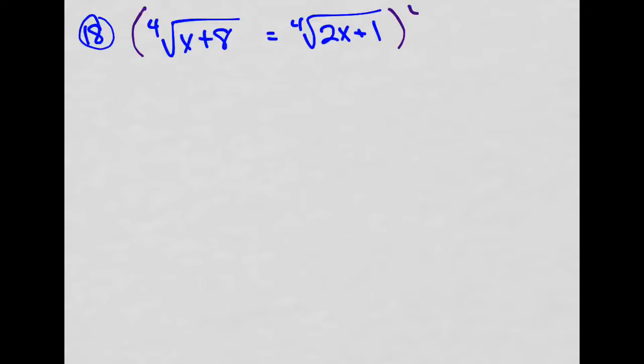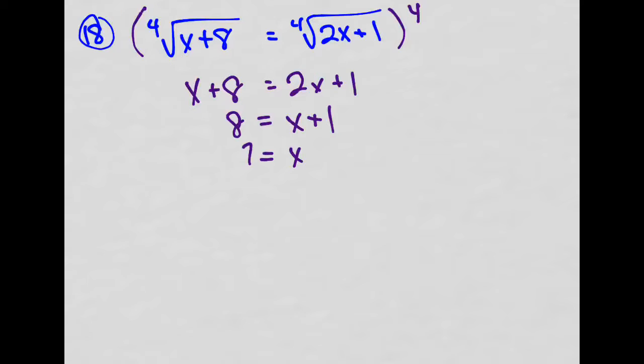So we raised it to the 4th power because that matches our index. That cancels out our radicals, and so then we have an equation that we can just solve. Subtracting x from both sides. Subtracting 1 from both sides, x equals 7. With 2 radicals, we probably want to make sure we check it.